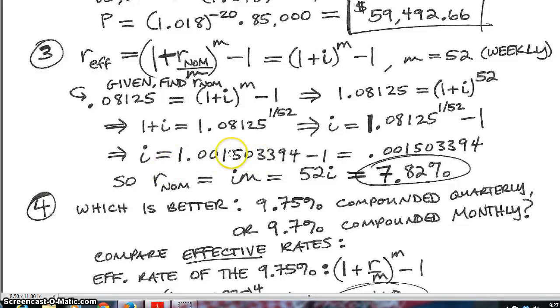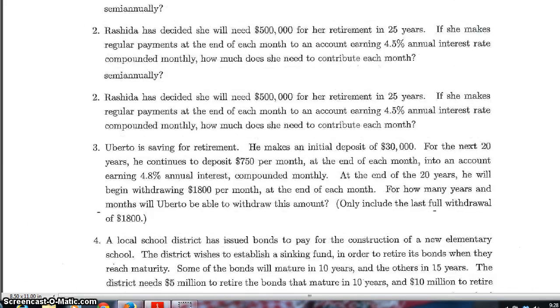Remember the relation: I is defined as the nominal rate divided by M, so the nominal rate is I times M. Always remember to convert it back to the yearly rate. It's usually not going to be in the yearly rate. So that becomes 7.82%. So 7.82% nominal, when you compound it weekly, gives you 8.125% effective. Number 4.